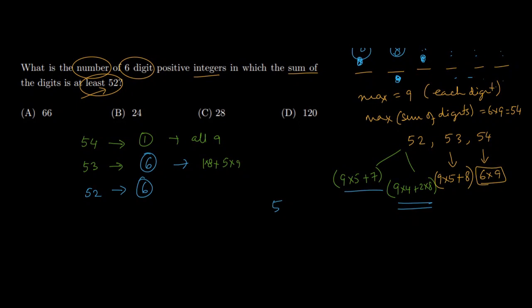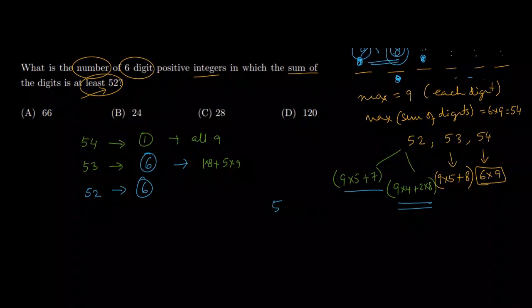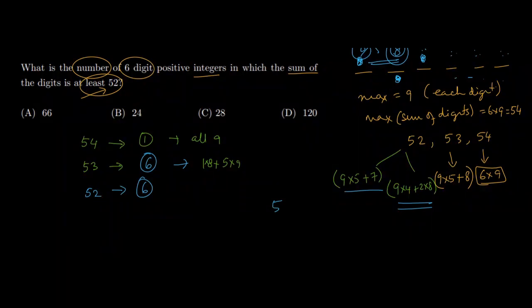Mind you, you cannot take this because I have already considered this combination when I took the 8 in the first place and 8 in any of the other places, which means 8 in the second place as well. So when I'm taking 8 in the second place, don't consider 8 in the first place. Look at the forward spaces. So there are 4 spaces for 8 in the second place.